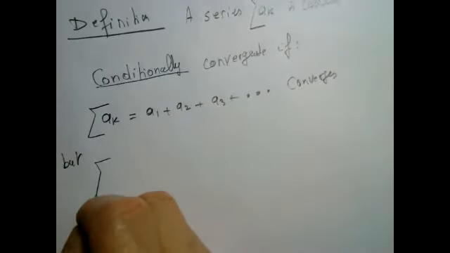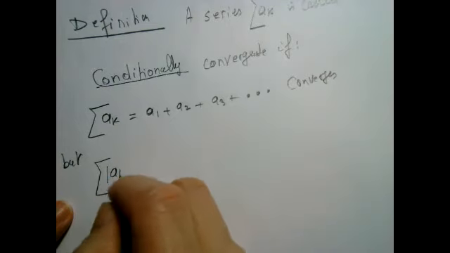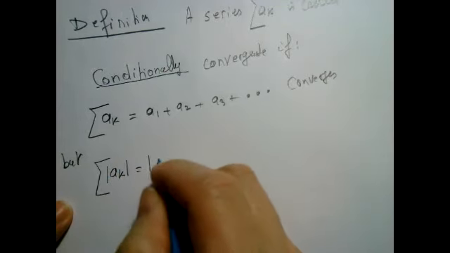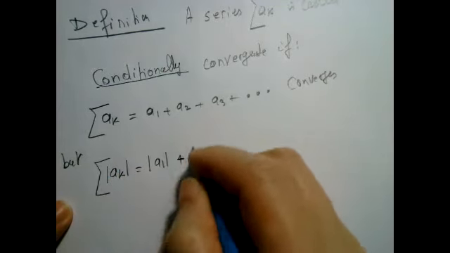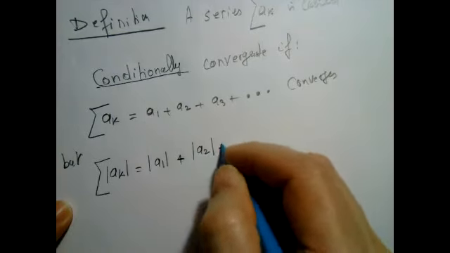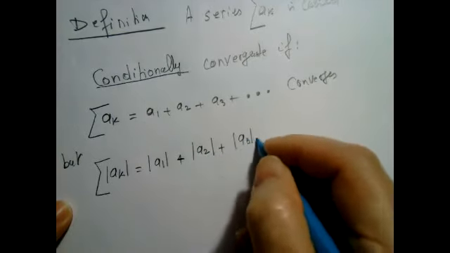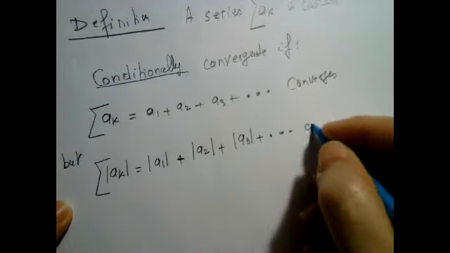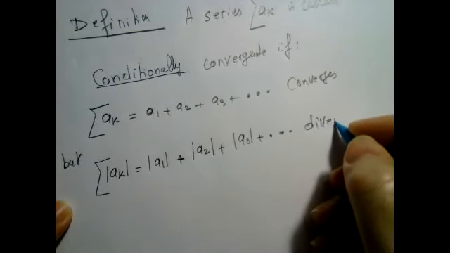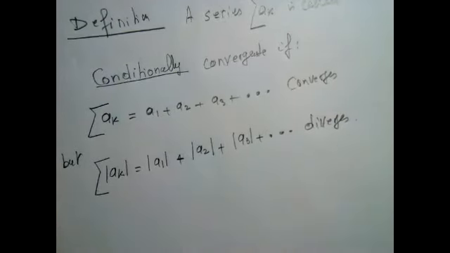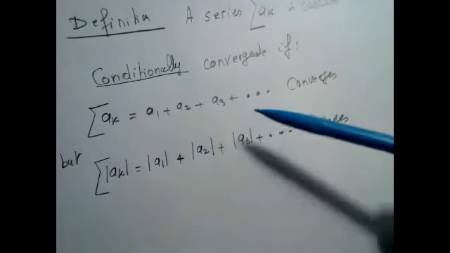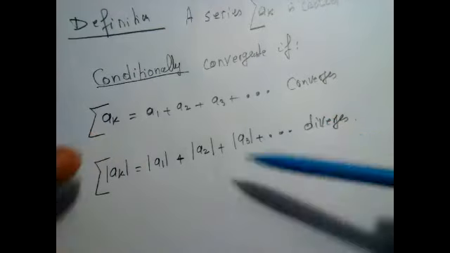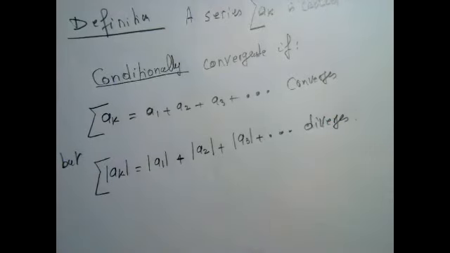It means it's not absolutely convergent. But when I put the absolute value, this one diverges. So a series is called conditionally convergent if it converges by itself, but when I put the absolute value, it diverges.